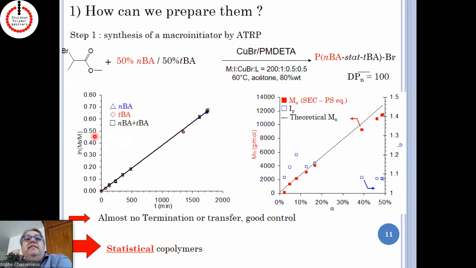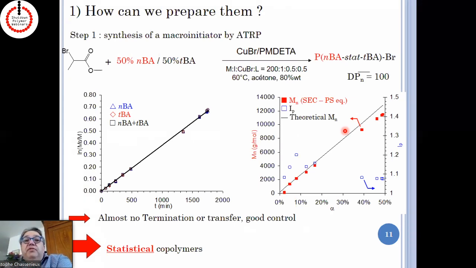You can see that by plotting the kinetics of reaction, we have for each monomer and for the sum of them something that displays the properties that you expect for a controlled radical polymerization. The dispersity of the polymer is pretty low, and we really have a living nature for this polymerization, which means that we have almost no termination or transfer reaction during the polymerization.